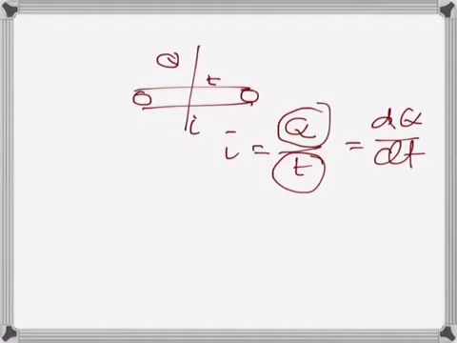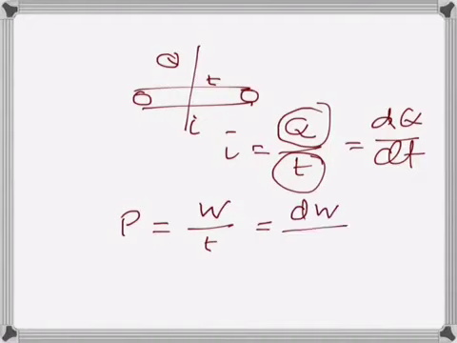Now we have voltage and current. The other thing I will define from these two is power. We know power is work done per unit time in terms of classical physics. So power is work per unit time, or in terms of differentials, the work done within a time difference, dW over dt.